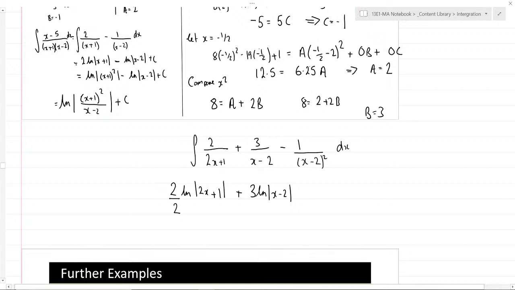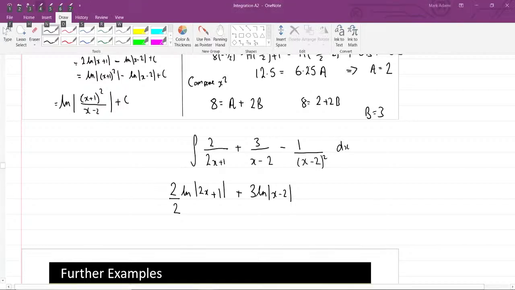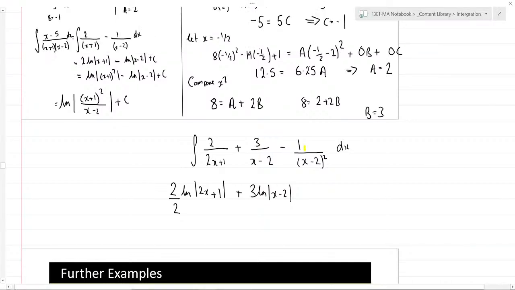This one on the right hand side is a bit annoying. I'm going to write over here. Actually, the way I'd probably start this off is to write this one here like (x minus 2) to the power of minus 2.